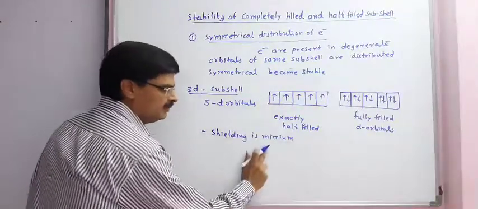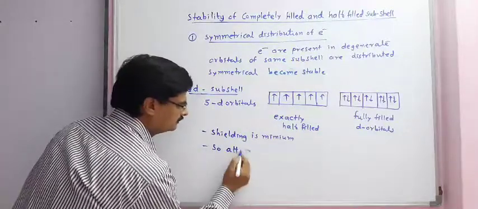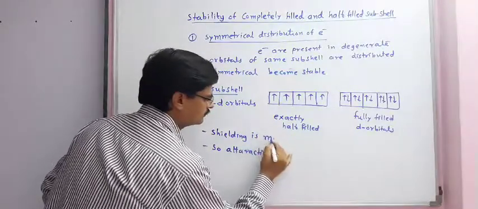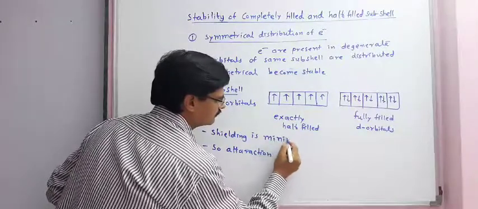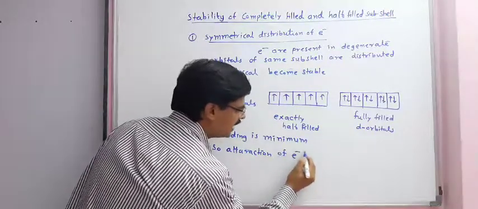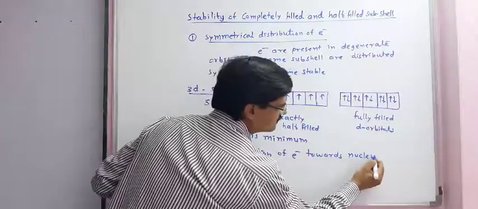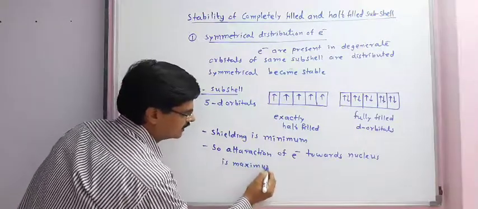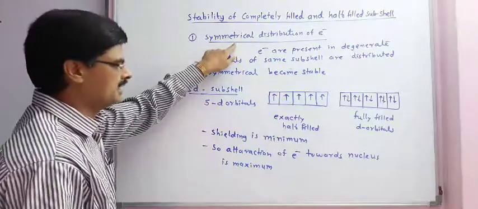So shielding is minimum, so the attraction of electrons towards the nucleus is maximum.